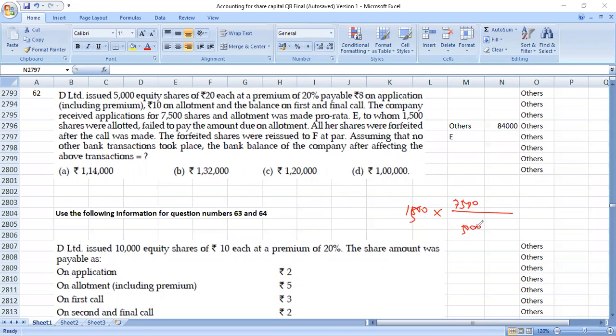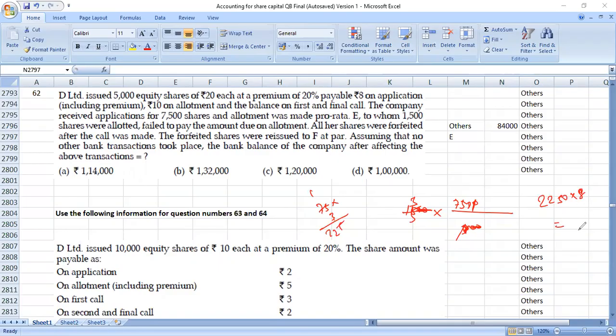From 7,500. I'm guessing it is the same answer. So 3. So you would have made how many applications? 75 into 3 is 15. 1, 3, 7, 7, 21, 22, 2250. 2250 applications he has made. Into he would have paid 8 rupees per application.